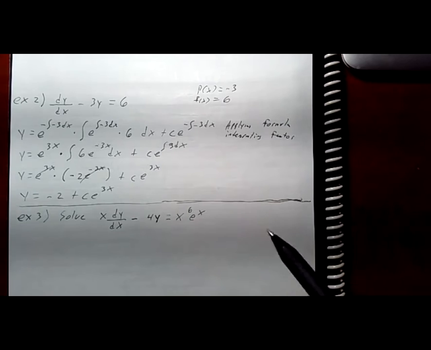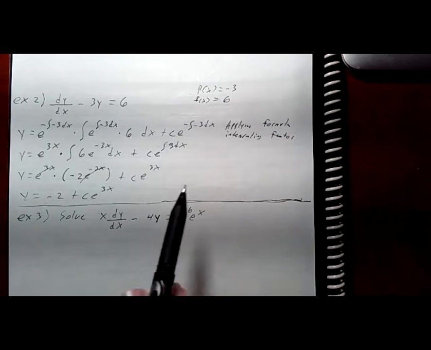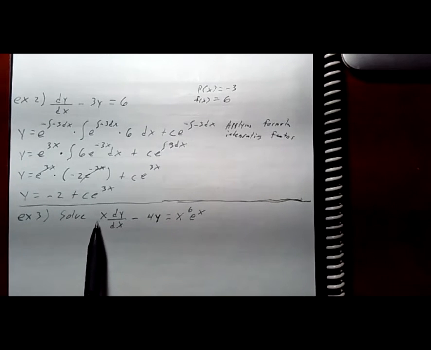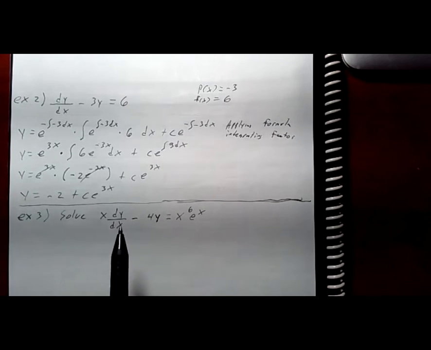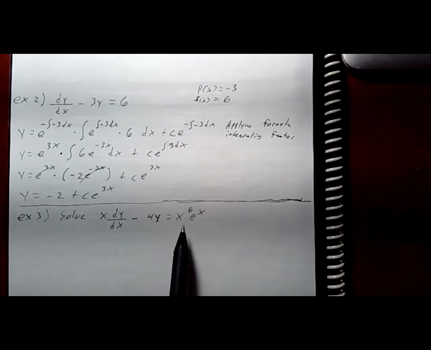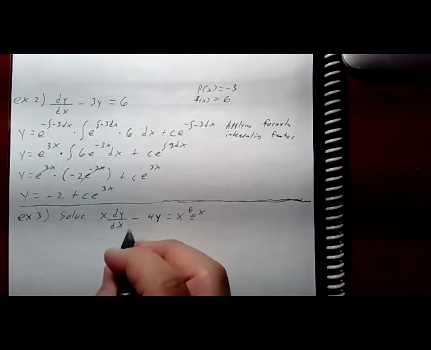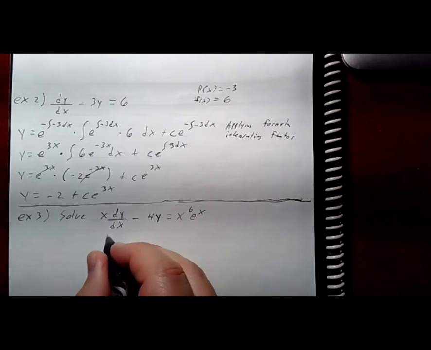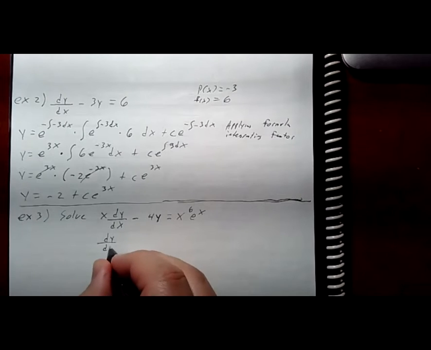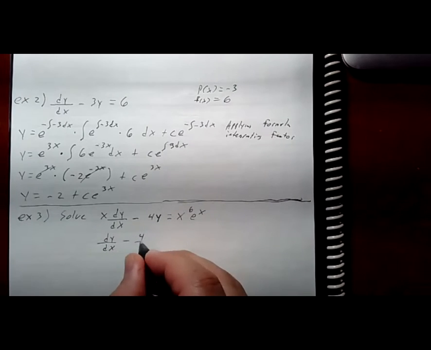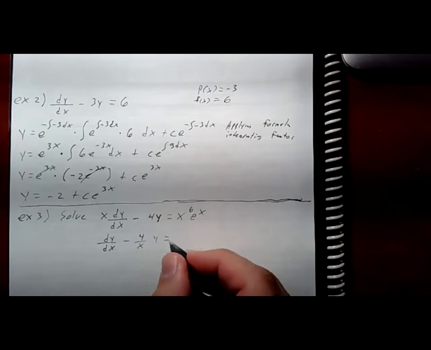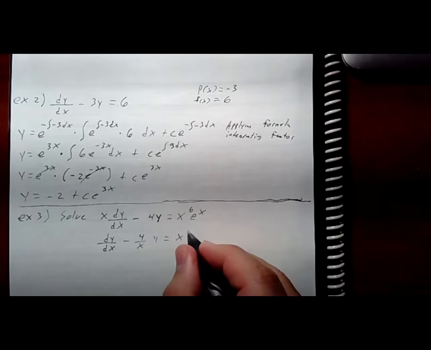So notice how it is not in standard form, right? Get that x in the way. So we're going to divide by x everywhere, and then label P and label F. So if I divide by x, I'm going to get dy/dx minus 4 over x equal to, and then one of those x's will reduce.